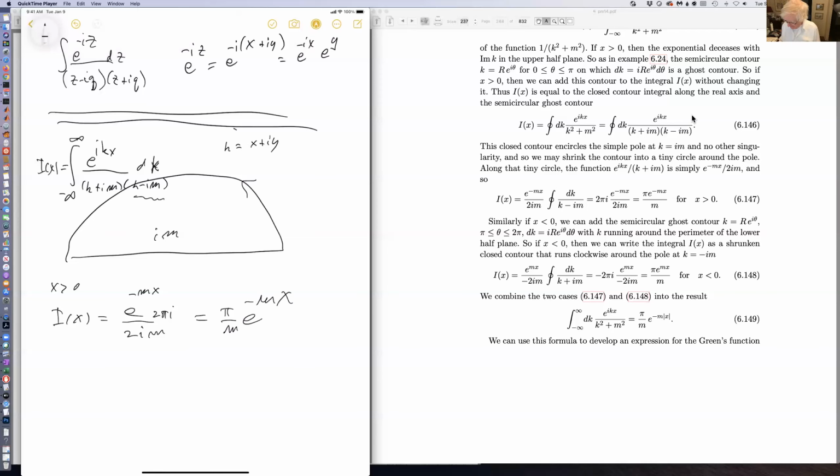For x negative, once again, I of x is equal to the integral of e to the ikx dk over k plus im, k minus im. Now we add a contour.